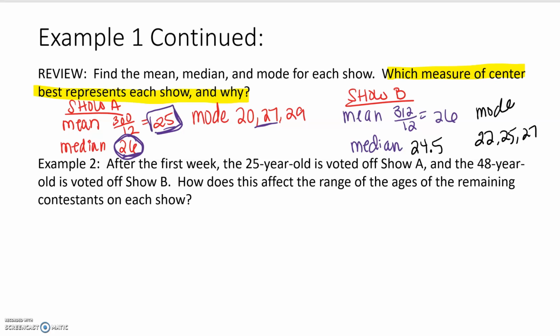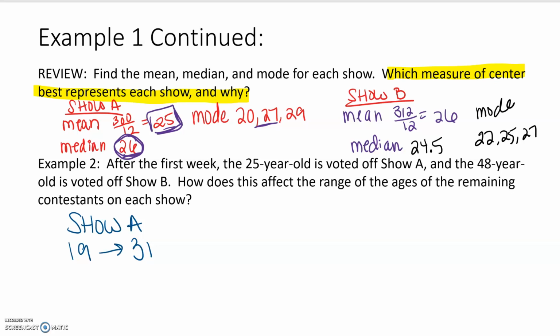Okay. So example number 2, after the first week, the 25-year-old is voted off show A and the 48-year-old is voted off show B. How does this affect the range of the ages of the remaining contestants on each show? Okay, so for show A, remember that our youngest contestant was 19, our oldest contestant was 31.